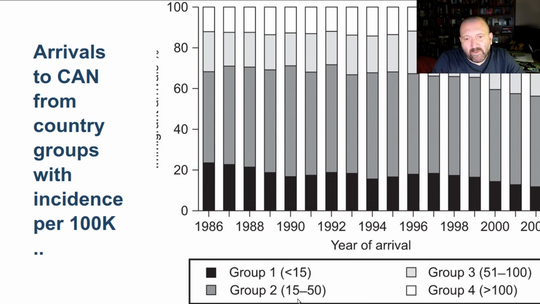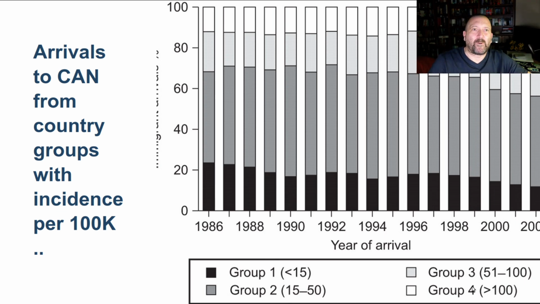So this first group is low incidence TB. The second group, 15 to 50, is starting to be a bit more incidence of TB. Group 3 is starting to be on the high end of TB incidence, and group 4, more than 100 new cases per 100,000 people per year, is high TB incidence and prevalence also. I mean, TB is very present in those places.